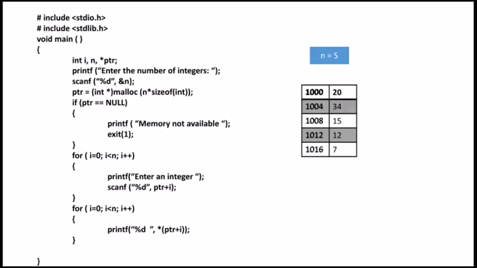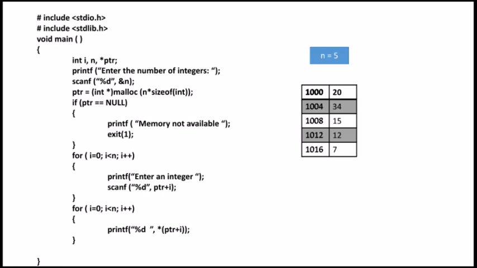Suppose we have entered 5 values, so on 1000, 20 will be saved. On the next address, that is after 4 bytes, 34 will be saved. After that 4 bytes, that is 1008, 15 will be saved, then at 1012, 12 will be saved, and in the last, at 1016, 7 will be saved.